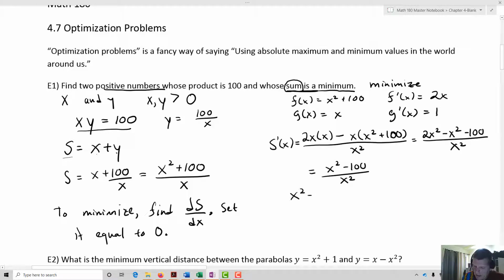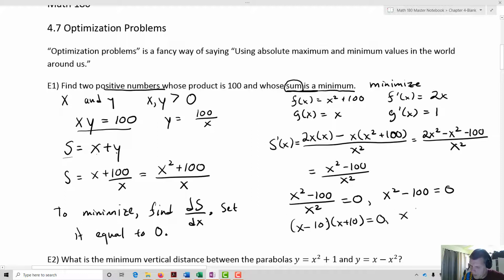So x squared minus 100 divided by x squared equals 0. Since the denominator can't equal 0, we know that the top has to be what's equal to 0. So x squared minus 100 equals 0. That means x minus 10 times x plus 10 will equal 0.